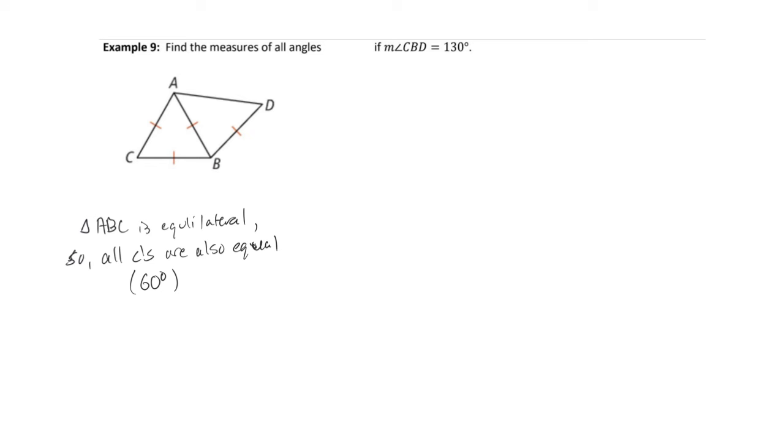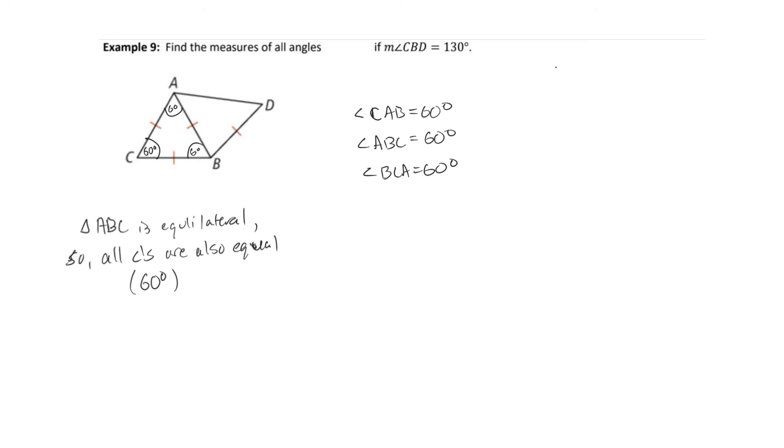They have to be 60 degrees. 60 plus 60 plus 60 gives you 180. So this is 60 degrees, this is 60 degrees, and this is 60 degrees. So angle CAB equals 60 degrees, angle ABC equals 60 degrees, and angle BCA equals 60 degrees.